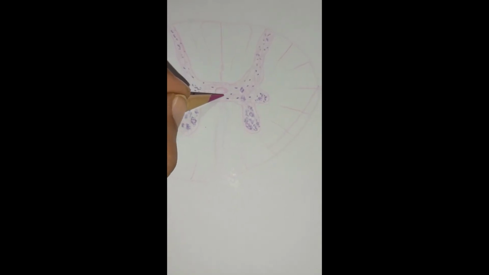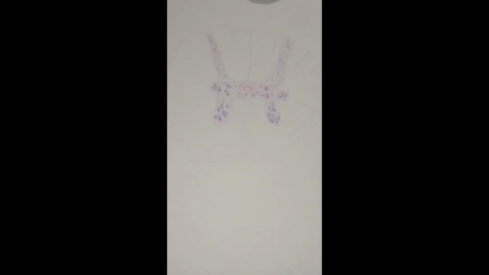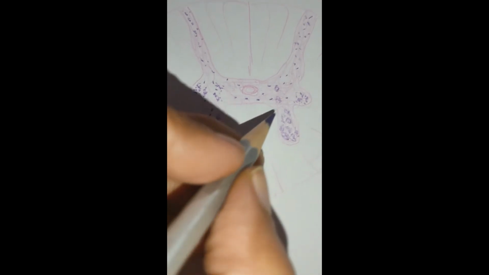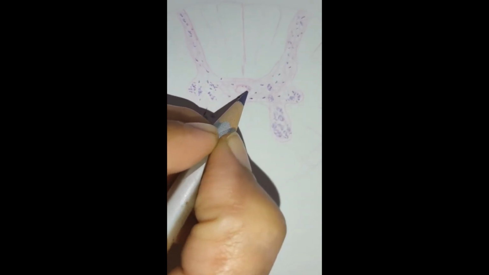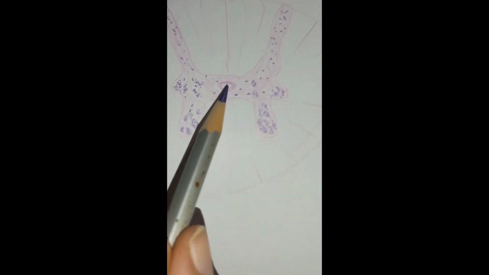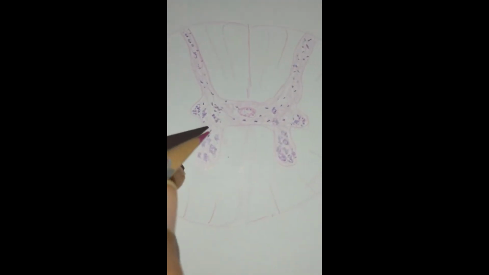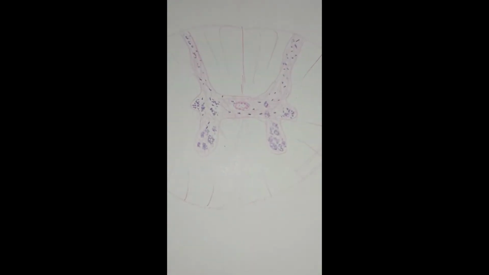This is the central canal, which is lined by the cuboidal epithelium, that is the ependymal epithelium, and it is filled with CSF. Now the peripheral part, the white matter, how will you make the white matter?